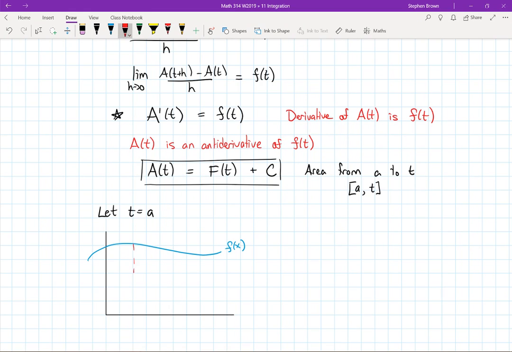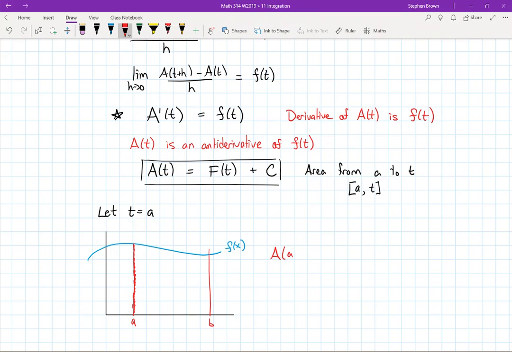We're starting shading in the area at a. We're trying to work our way to b here, and we're saying, how far have we shaded? Well, we've shaded nowhere. We're still shading this line. We actually haven't left the starting line. Well, what area is that? The area has to be 0 because I haven't even gotten started yet. So in this case, if t is equal to a, this area is equal to 0.